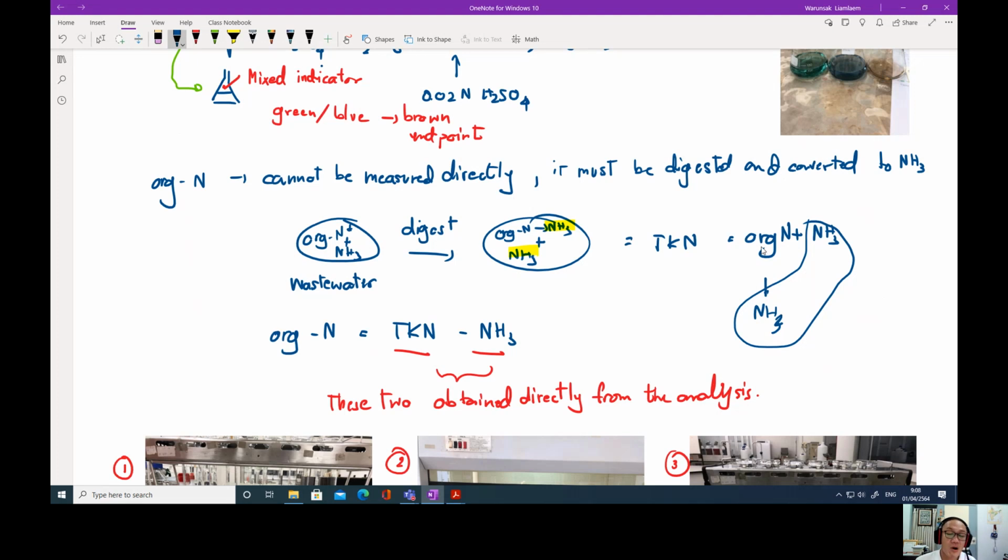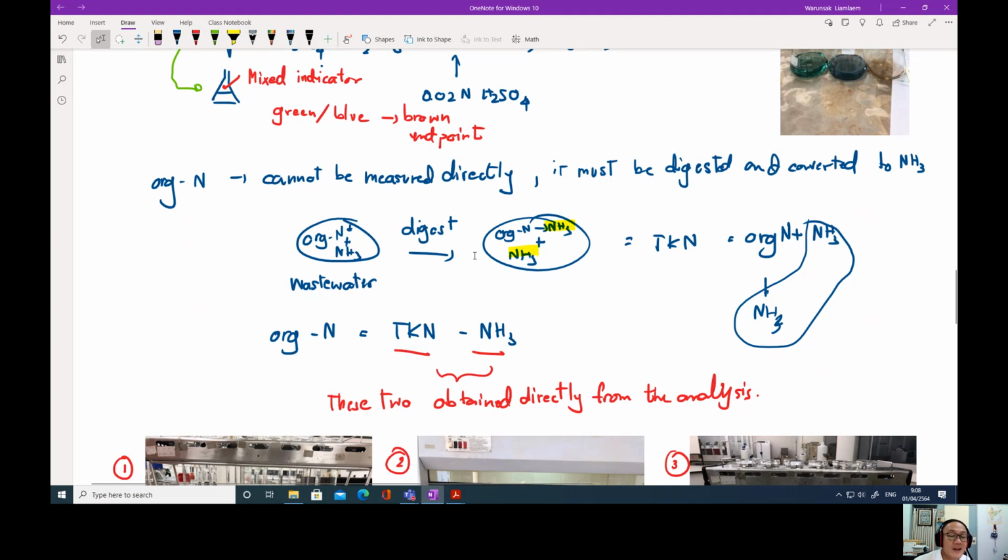TKN is equal to organic nitrogen plus ammonia nitrogen. So the organic nitrogen is equal to TKN minus the ammonia. These two we obtain directly from the analysis, both TKN and ammonia.